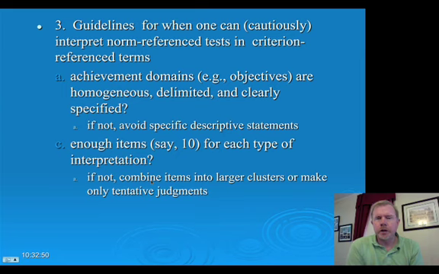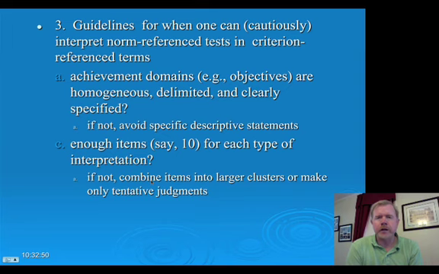In other words, comparing students not to some particular outcome, but trying to sort them against the larger group of students taking the test, sorting their performance out as being average, below average, or above average. There are some requirements, really, or suggestions around how one should use a norm reference test like the SAT, for example, in a criterion reference way.